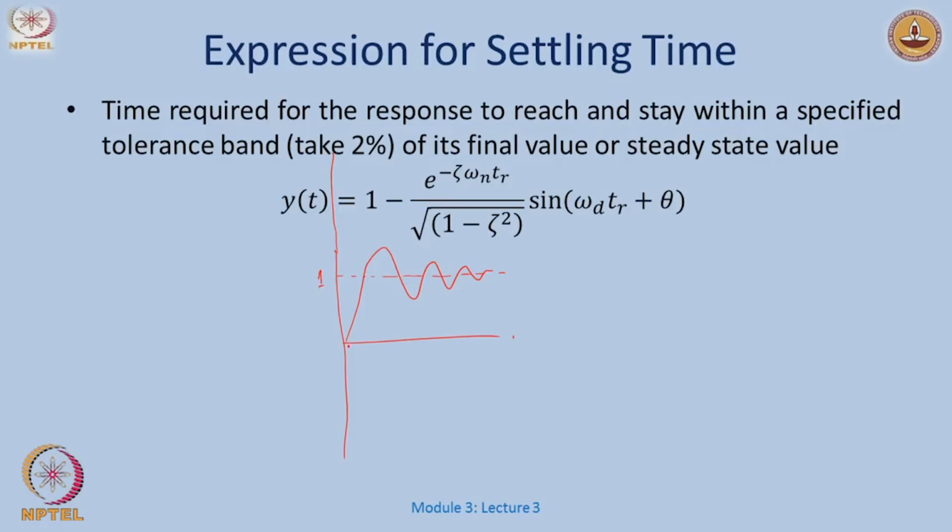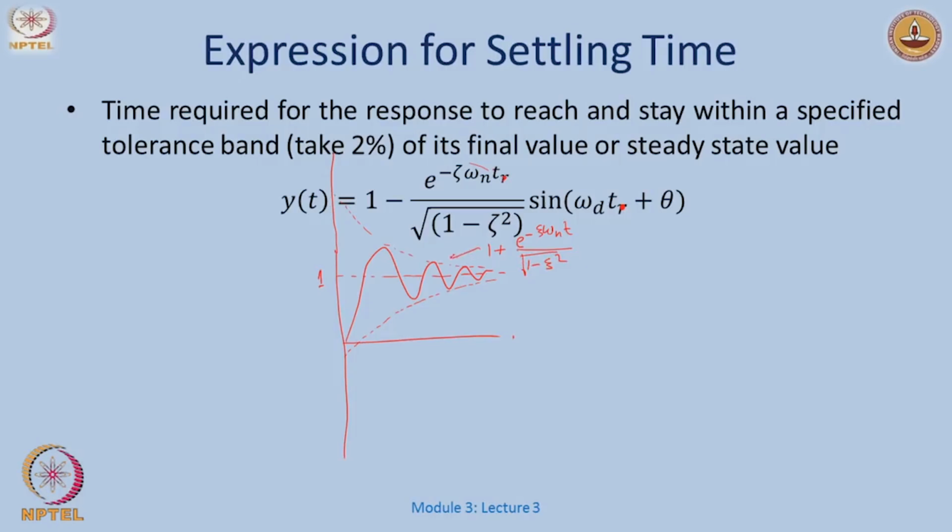If I look at this response here, you can see it is bounded from below by a curve like this and bounded from above by another curve like this. Now, what are these curves? These are simply exponential curves. The one on the top would be 1 plus e power minus zeta omega n t over square root of 1 minus zeta square.